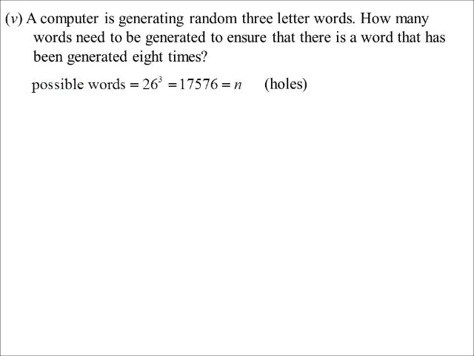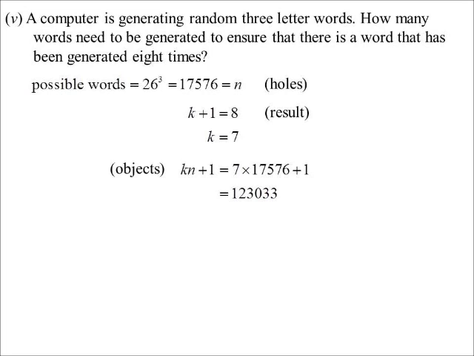We want a word to be generated 8 times. So we know in this case the result has to be 8. So k plus 1 has to be 8. So k is therefore 7. So kn plus 1 is the number of objects I need to generate.